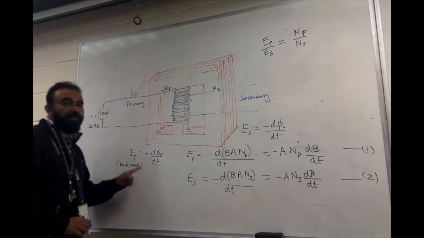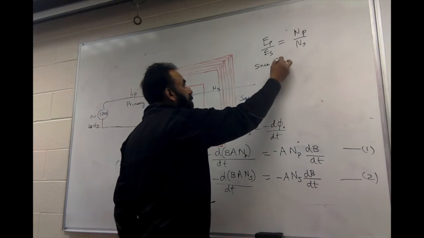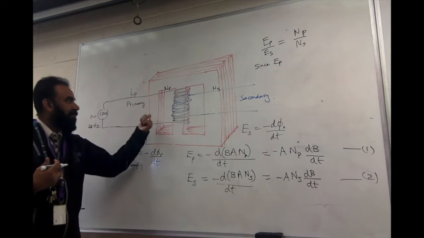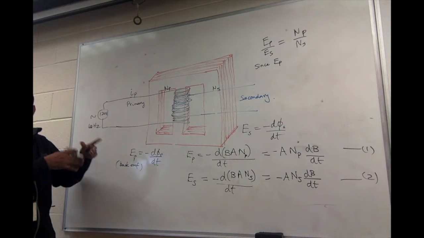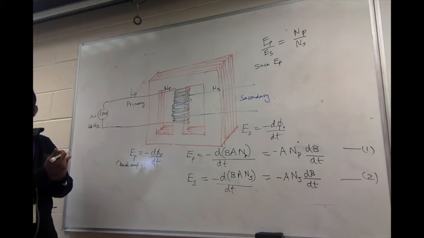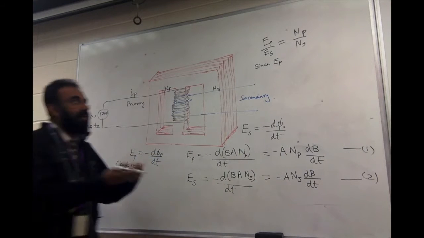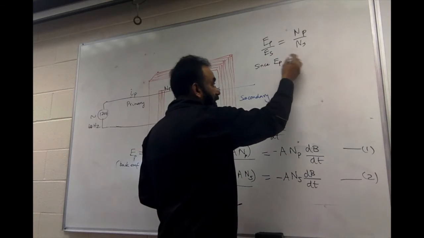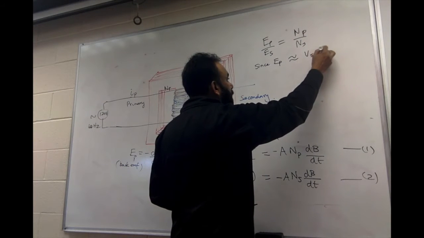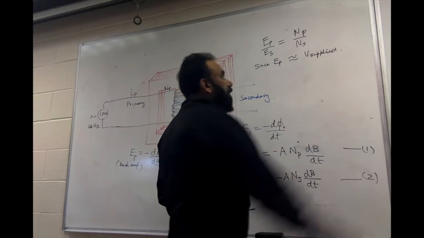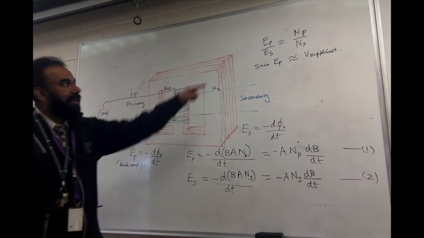Now, since EP, which is actually the back EMF in the primary, isn't that basically what you supply? Primary voltage? So the primary voltage that you're supplying, since EP is approximately equal to voltage supplied, we can use the voltage supplied as this.